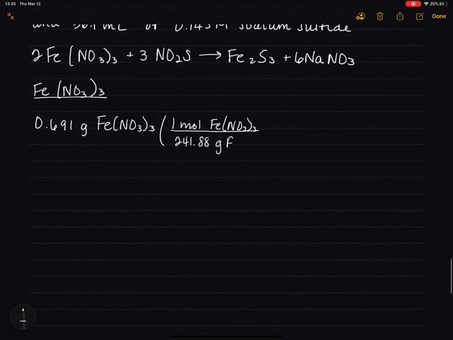If we hit equals here, that tells us that if we've got 0.691 grams of our ferric nitrate and all the sodium sulfide we could possibly use, that's how much of our product we can make, yes?